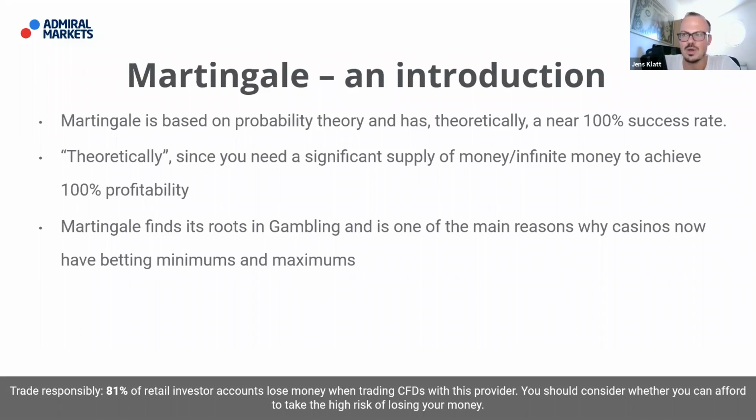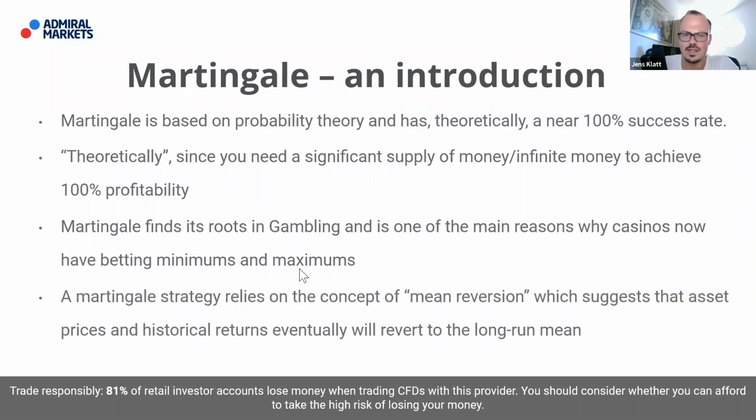So what is the main idea behind Martingale? It's a strategy which relies on the concept of so-called mean reversion, which suggests that asset prices and historical returns will eventually revert to the long-run mean.